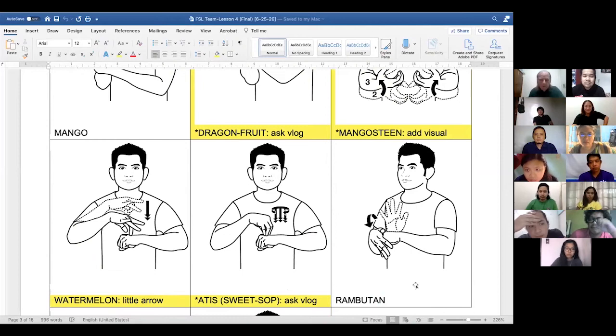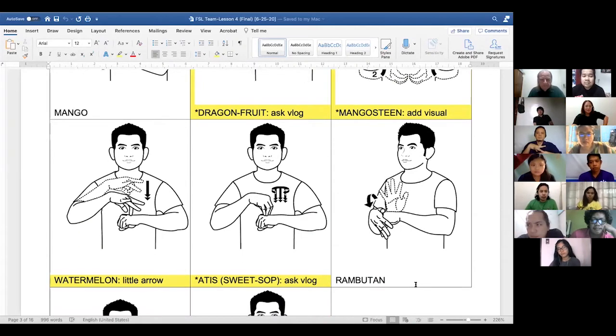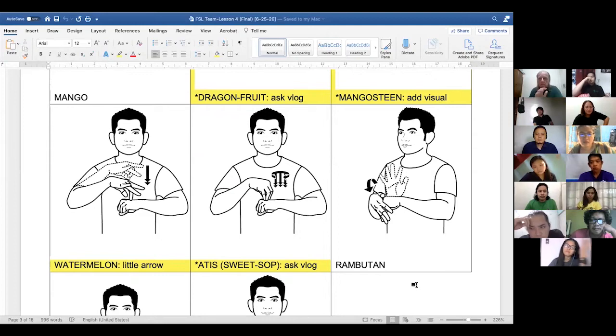Watermelon, okay. Sweet sop. And rambutan.